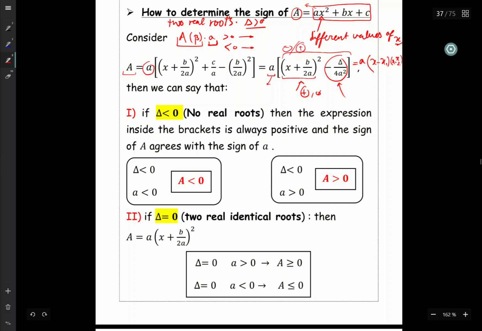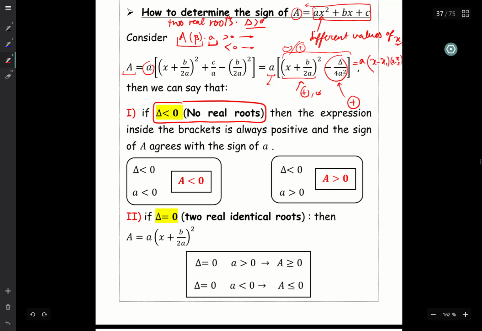So if delta is negative, we have no real roots, and delta over 4a squared is negative. Therefore, minus delta over 4a squared is guaranteed to be positive, and therefore the sign of the quadratic equation is guaranteed to be the same as the sign of the coefficient a, the leading coefficient.